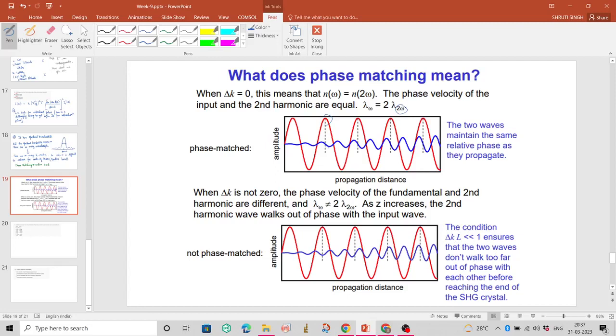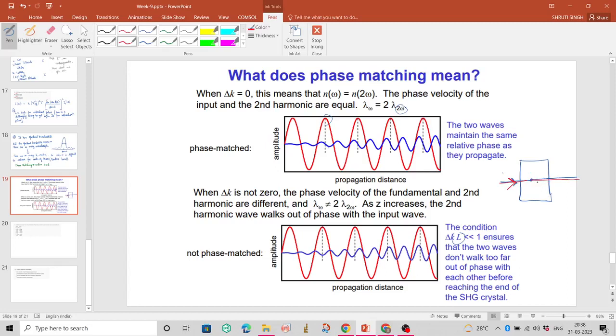L is the thickness of the crystal. So if this much is the crystal thickness, suppose here is the pump, the second harmonic gets generated, and from here the pump and the second harmonic both are traveling. So the pump is my red, and from here the second harmonic and pump both are traveling in the same direction.